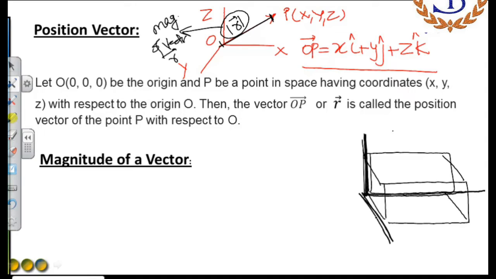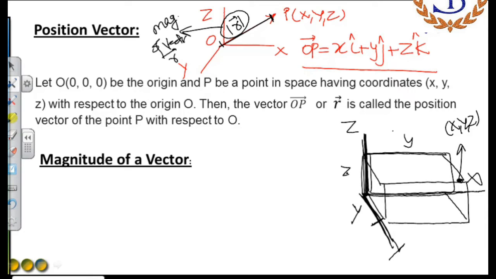This line is considered as x, this is y, this is z, and let the coordinate of this particular point be x, y, z. Or we can say the sides of this cuboid are x, y, and z.